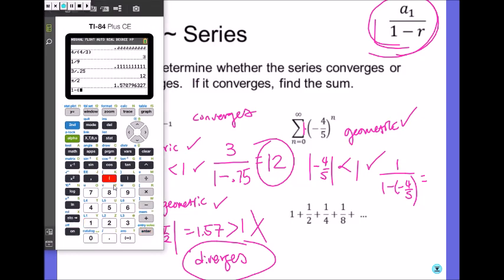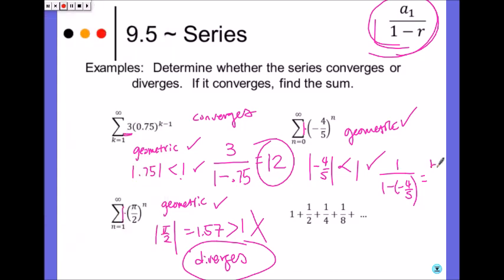But it's in the denominator, so 1 over that. 1 over 1.8 equals, math, enter, enter. It becomes 5 over 9. So it converges to 5 over 9.